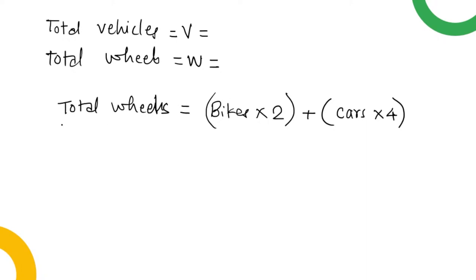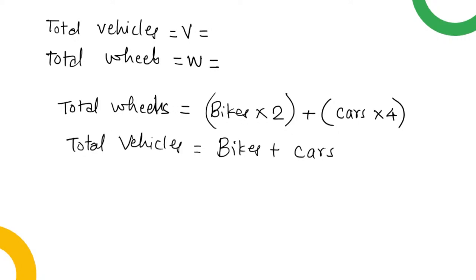So total wheels equals 2 multiplied by bikes plus 4 multiplied by cars, and total vehicles is the number of bikes plus the number of cars. So these are the two expressions that we have.